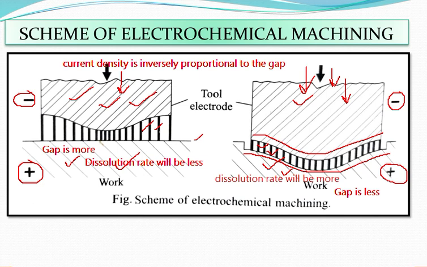In an electrochemical machining process, the tool is provided with a constant feed motion. So what I was saying is that the feed motion has to be constant.